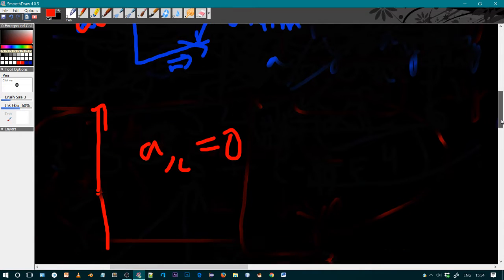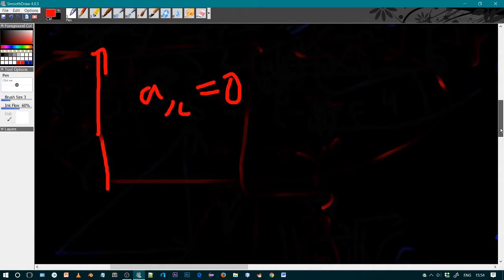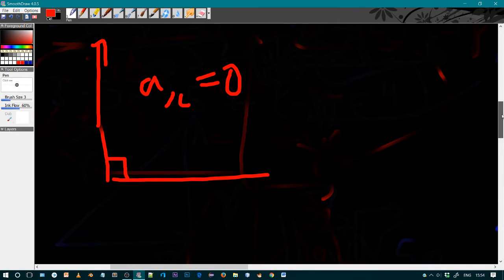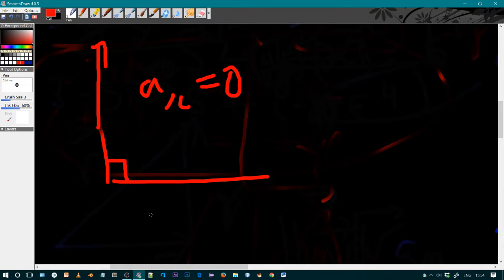Now in order to prove it, there's a 90-degree angle right here, and if I want to find the x component, I would do cos 90 degrees, and for the y component sine 90 degrees.